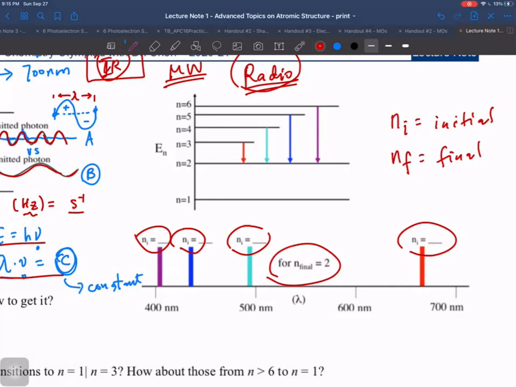Yeah, it seems like most of you are pretty much done. I'll give you a few more seconds, 10 to 20 seconds, to figure out what the initial level of each line here is.